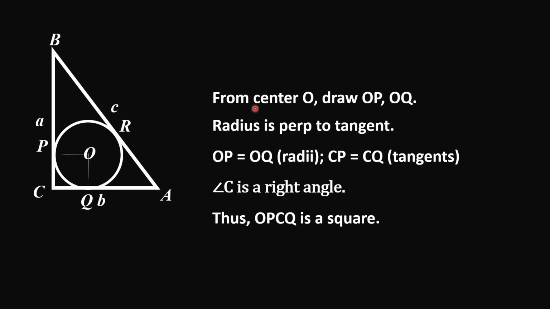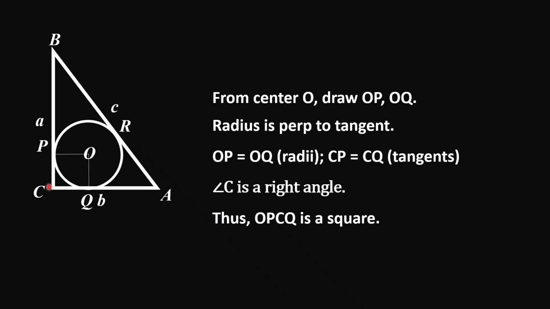Now from center O, the center of the circle, we draw OP and OQ, the horizontal radius and the vertical radius. Now radius is always perpendicular to the tangent, so these two angles are 90 degrees.